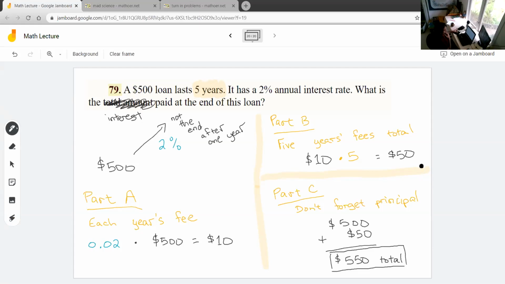And if they asked that, we would stop here because that's the interest. So I'm trying not to use the phrase total and interest. I'll save the word total for what we actually did in this problem, which is you combine the interest and the principal.